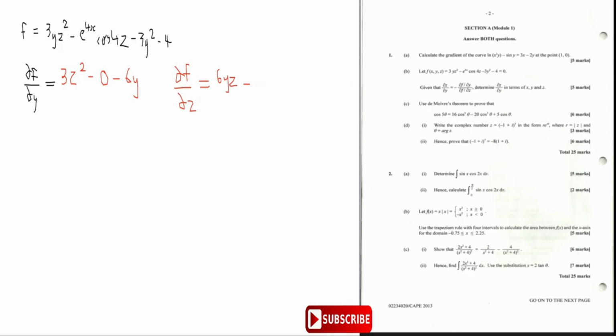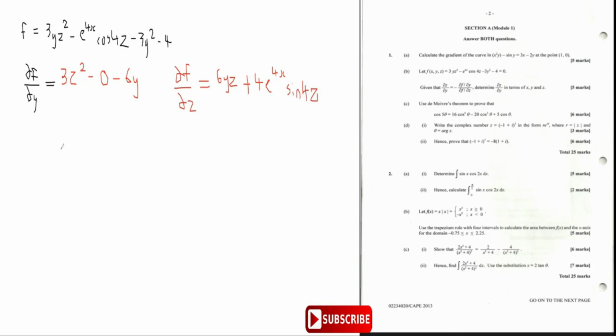When you differentiate cos 4z, you will get minus 4 sine 4z. So minus and minus make it plus. So it's going to be plus 4 e to the 4x times the sine of 4z. That's it, that's dou f by dou z. Now you cannot differentiate the last term with respect to z, or you get 0.